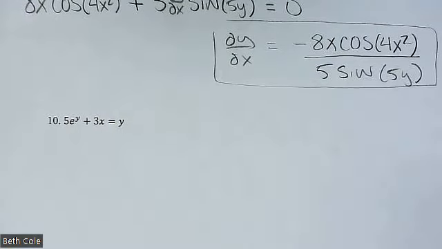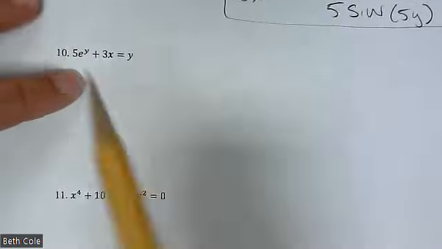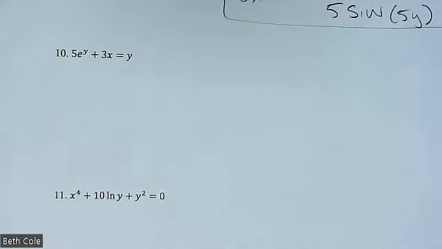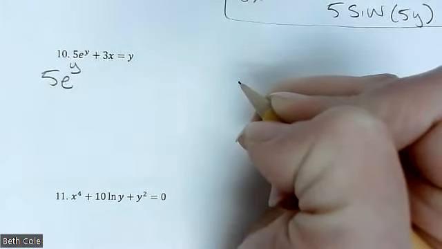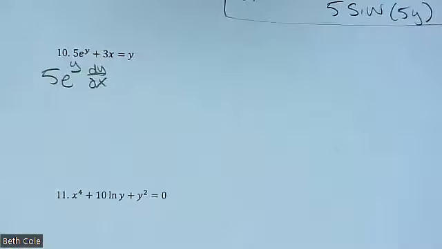All right. I think I tried to do every rule in here to review them all. So here we've got E. Derivative of 5e to the y is 5e to the y, chain rule, dy dx. So the 5's just a coefficient.